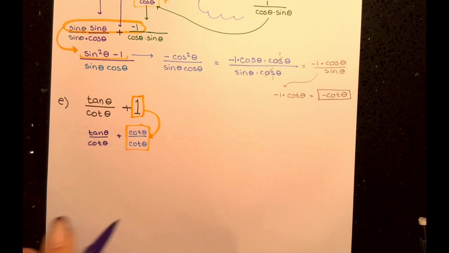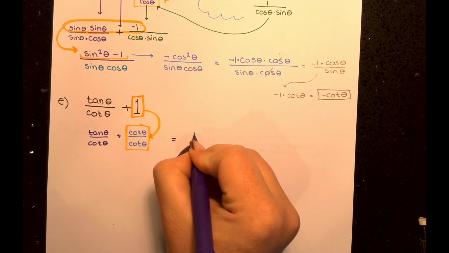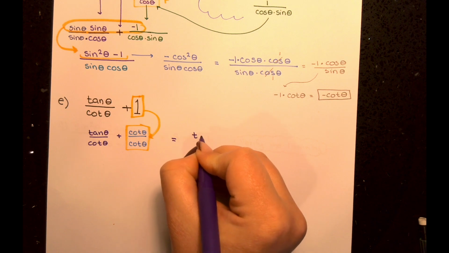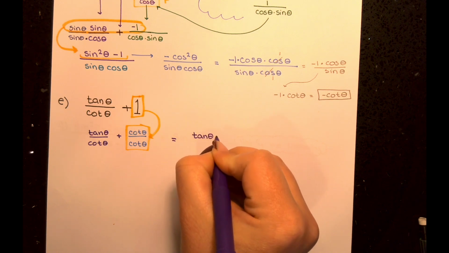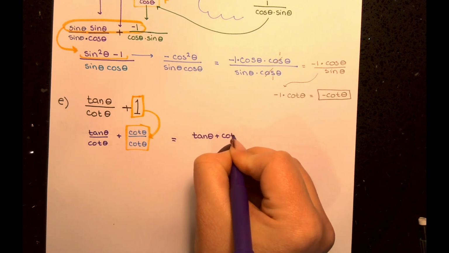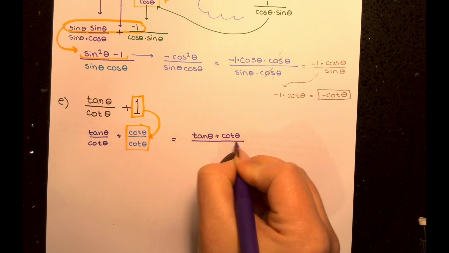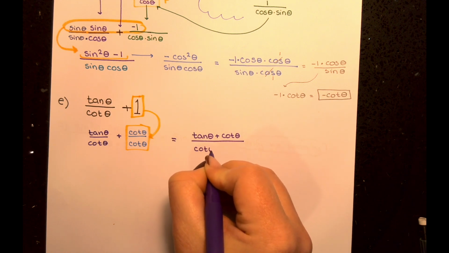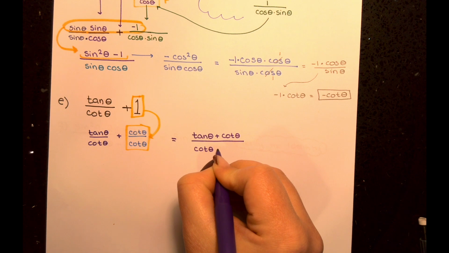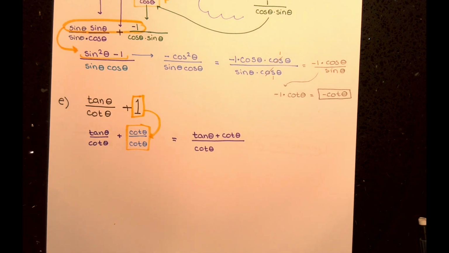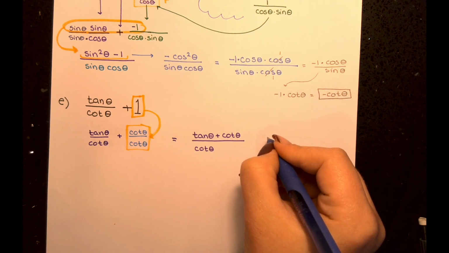Now that we have common denominators, we can proceed to add, not multiply, we're adding tangent of theta plus cotangent of theta over cotangent of theta, just cotangent of theta. There was a second, I hesitated, I was going to add, but it's like, wait, common denominators, there's only one denominator. Don't add the denominators.